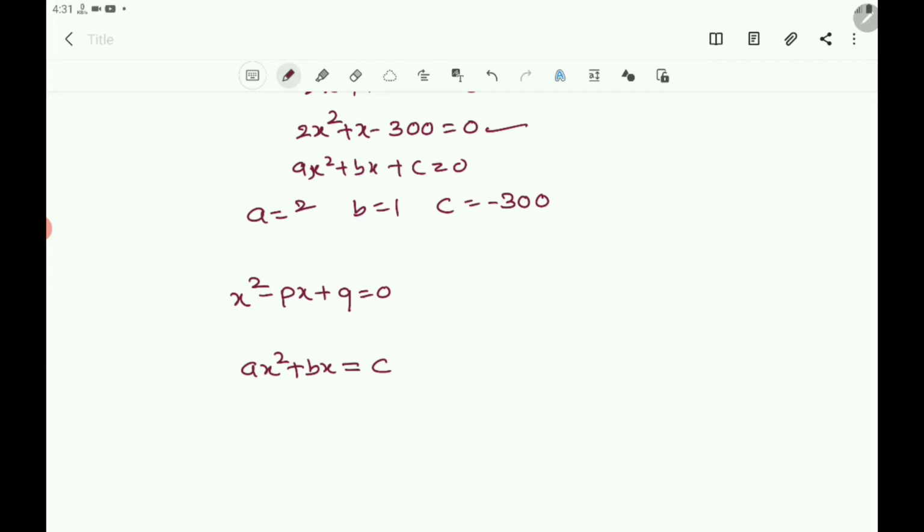Later, Sridharacharya derived a formula now known as the quadratic formula, as quoted by Bhaskara II, for solving a quadratic equation by the method of completing the square.